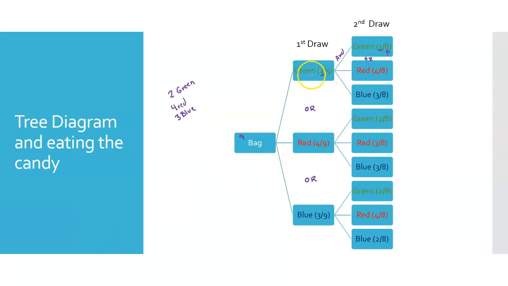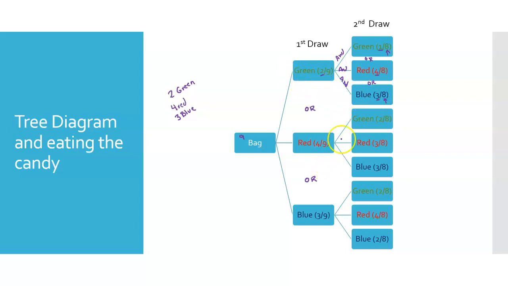So let's suppose that we pulled out a green one, ate it, but next time we pulled out a red one. Keep in mind that there's still 4 red candies, but only 8 left because we ate the green one first. Or we pulled out the green one, and this time we pulled out a blue one. Well, we still had 3 blue candies because we pulled out a green one the first time, so there's still 3, but we only have 8 candies because we ate the green one.